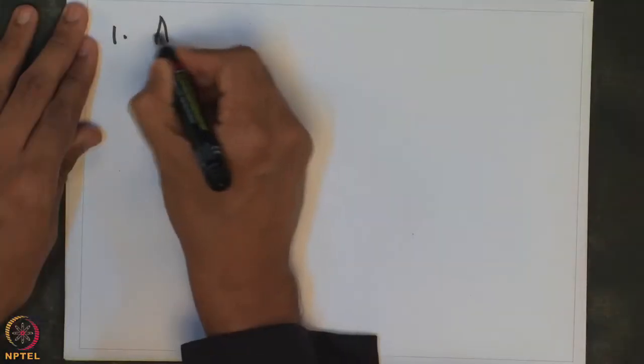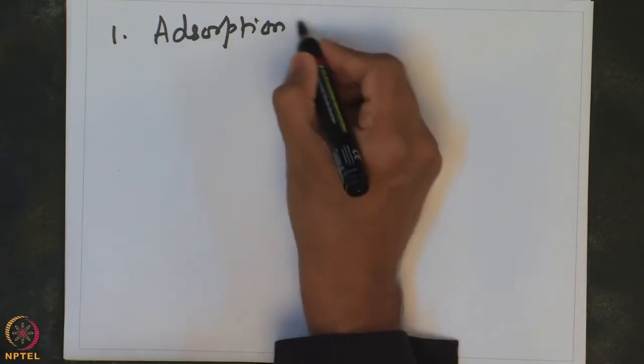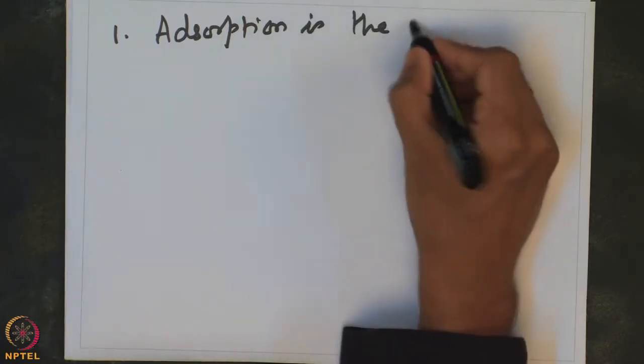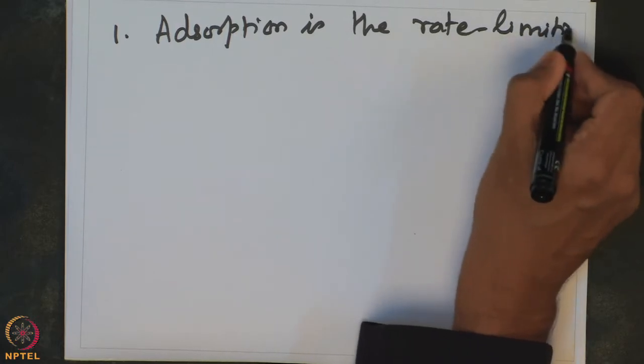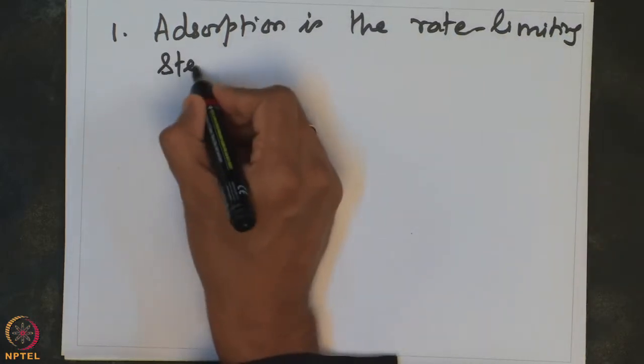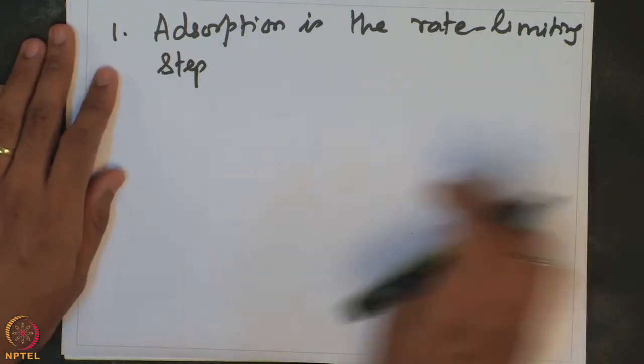So, let us assume that adsorption is the rate limiting step. If adsorption is the rate limiting step, then the surface reaction and the desorption process are relatively faster.